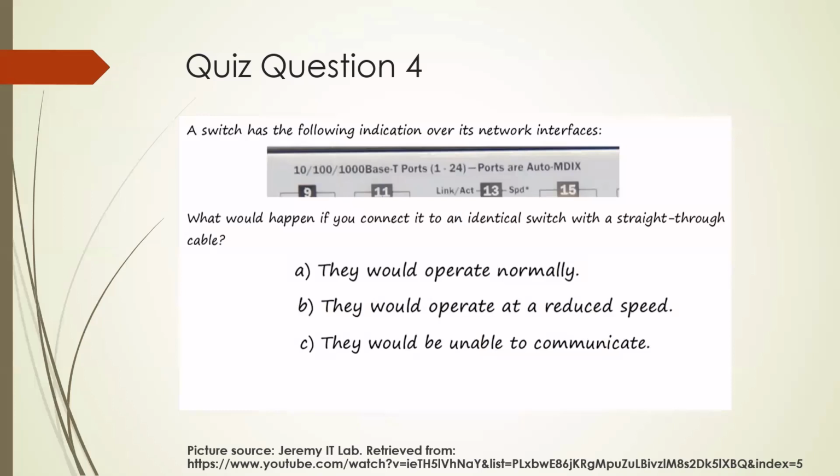Hello, sir. I think the answer is C. They won't be able to communicate at all. So why do you think that? Because earlier we were talking about switches and routers connecting. If they are identical switches, that means that connection will not flow through.